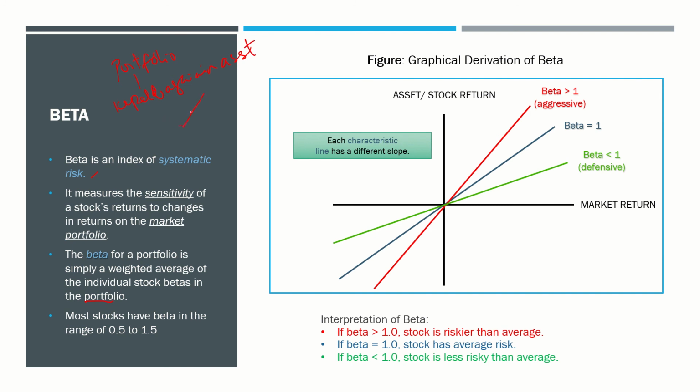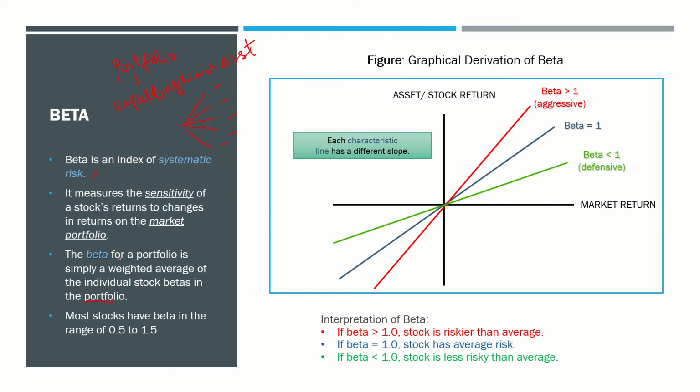Maksudnya dia hold aset A, B, C, D, E. Okay, industri, teknologi, agriculture, education, things like that. Bila di combine, dia mempunyai itu yang dipanggilkan portfolio lah. Portfolio tu adalah kombinasi of beberapa aset.